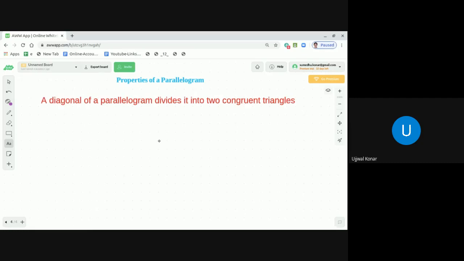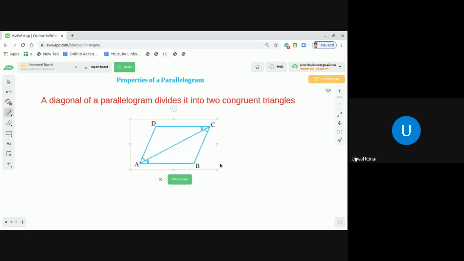A diagonal of a parallelogram divides it into two congruent triangles. So let me first give you a visual representation. So let us consider a parallelogram, something like this.